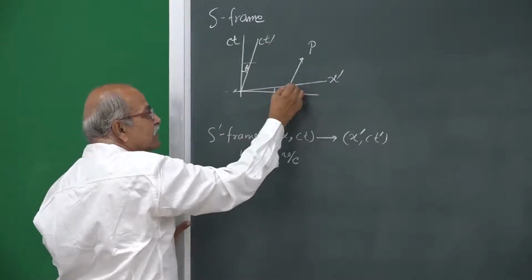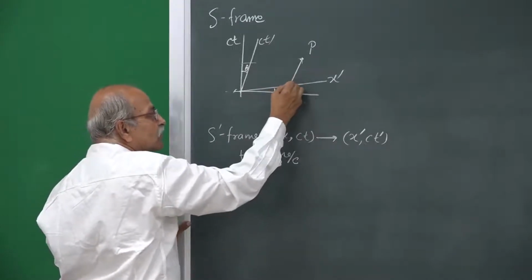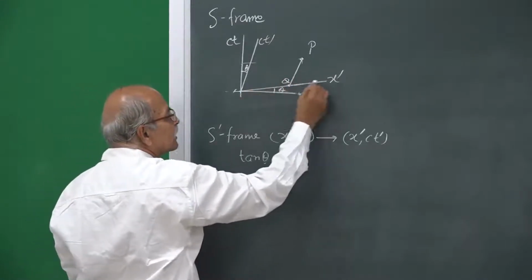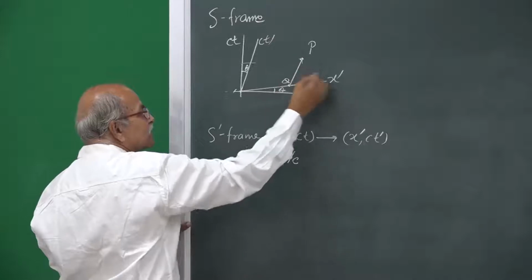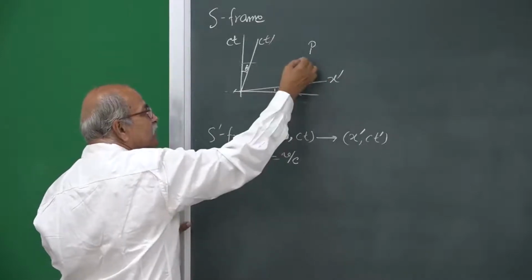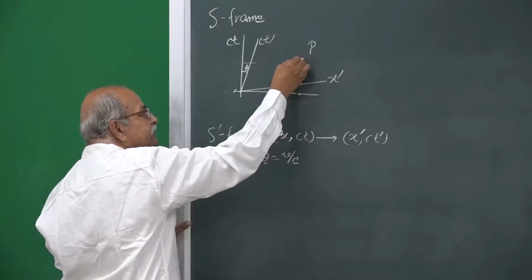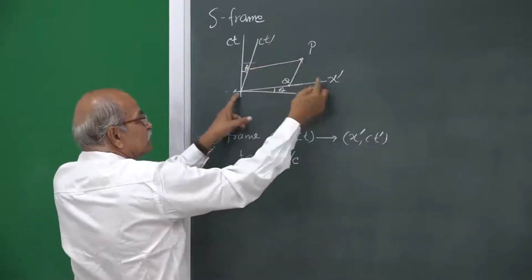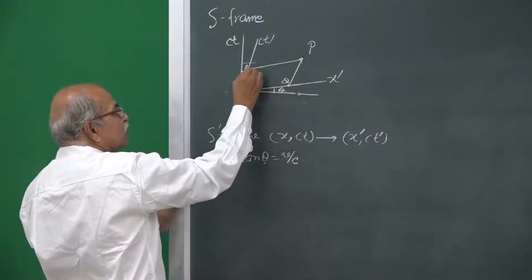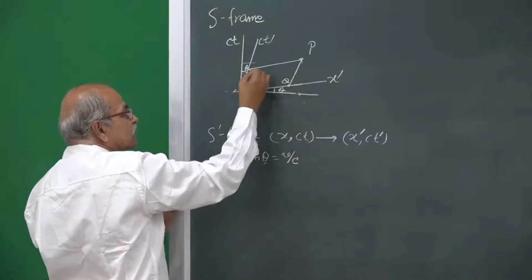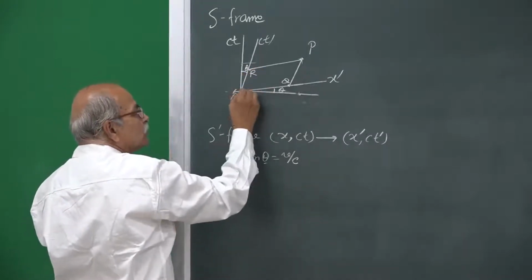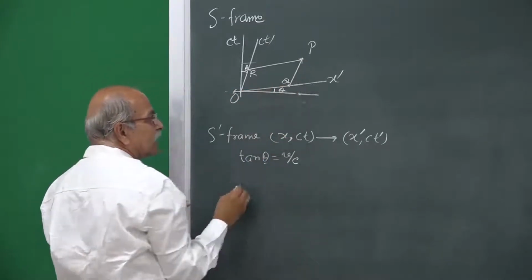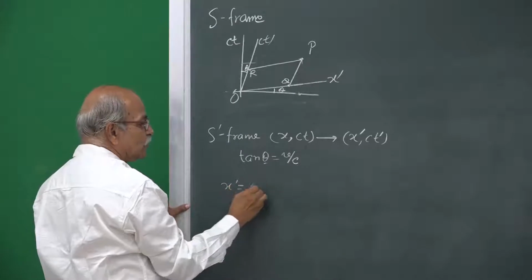Let us call this point Q. Then draw a line parallel to this x prime line from P, and call this point R. This OQ you have to measure, and x prime will be equal to OQ.